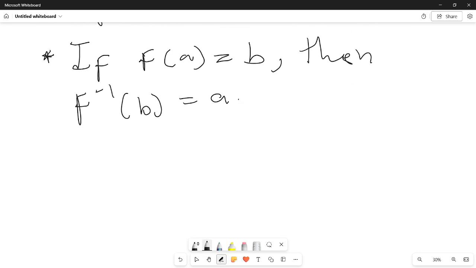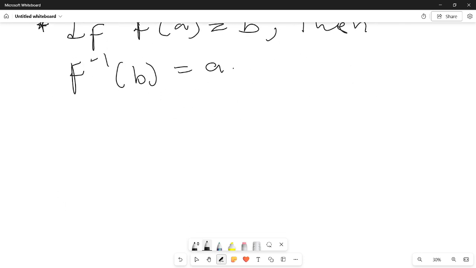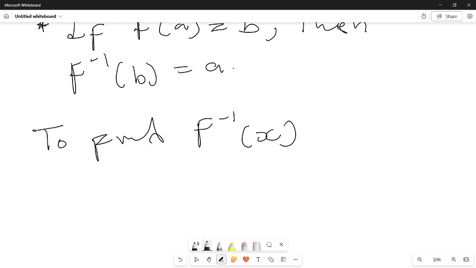So how do we find the inverse? To find the inverse, we follow the following steps.